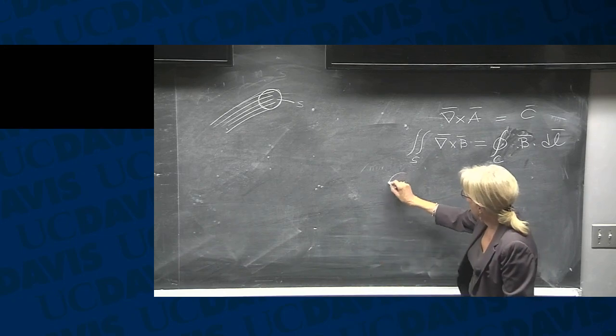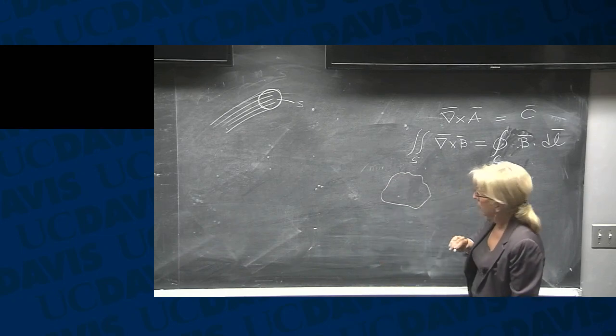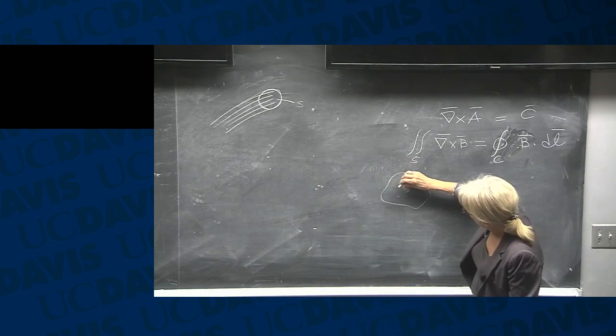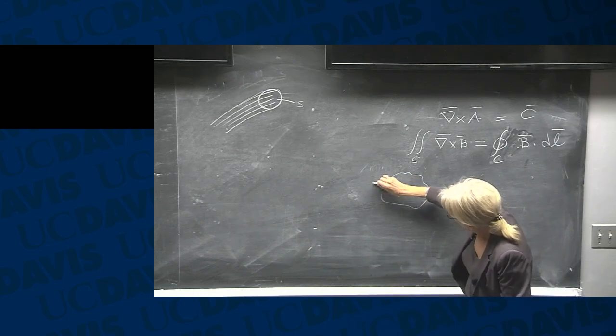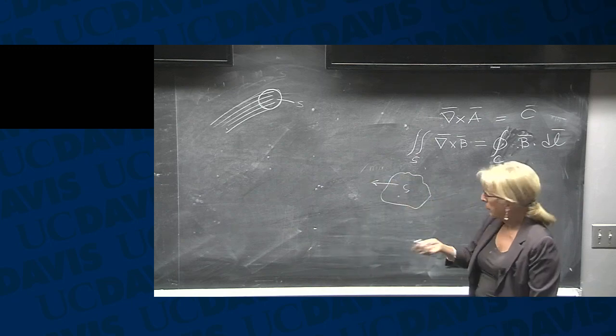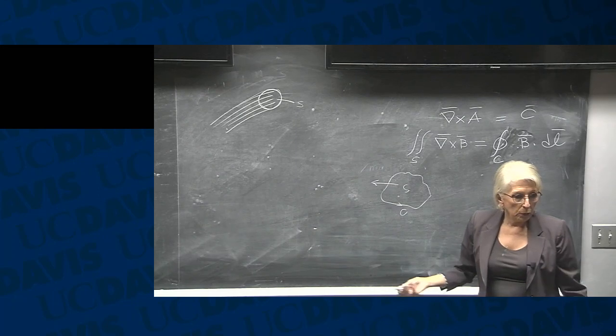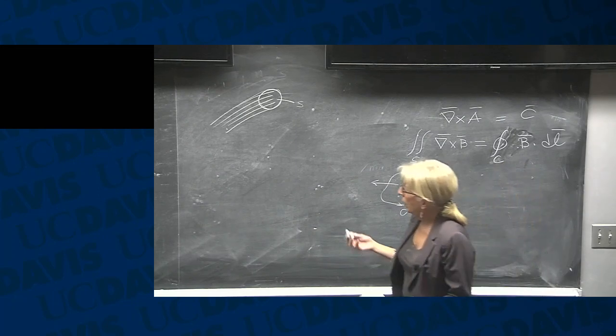So if my surface is like this, is S, and if the S has this vector outwards, towards me, then that's C. But I could select any. Okay, so what am I going to do here?